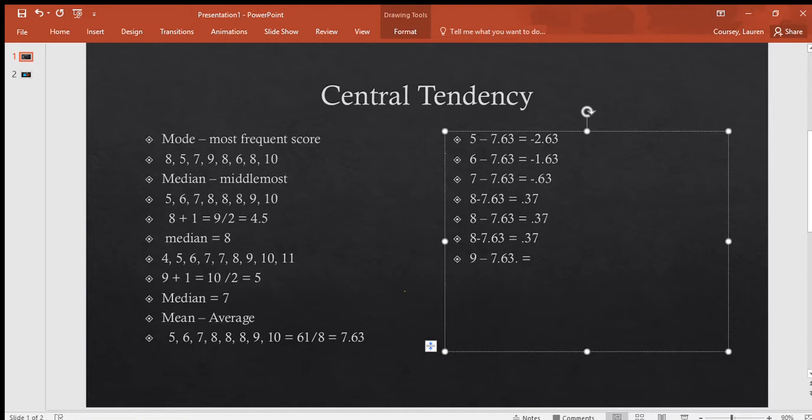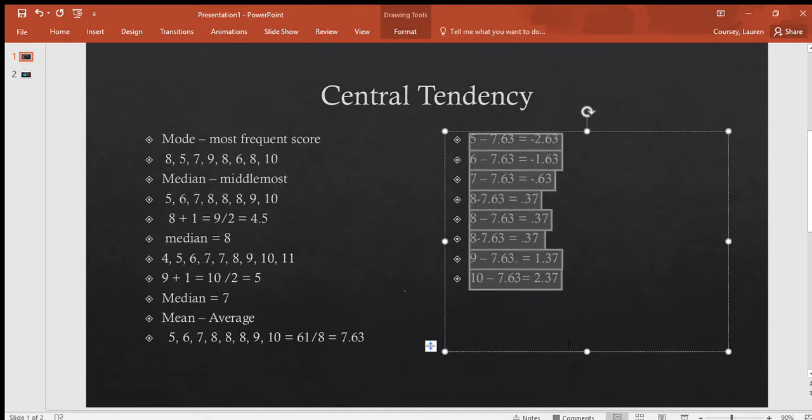We take 9 minus 7.63, we'll get a deviation score of 1.37. And then finally we have our last score, 10 minus 7.63, which should give us a deviation score of positive 2.37. All right, so we have our series of deviation scores that we've calculated.